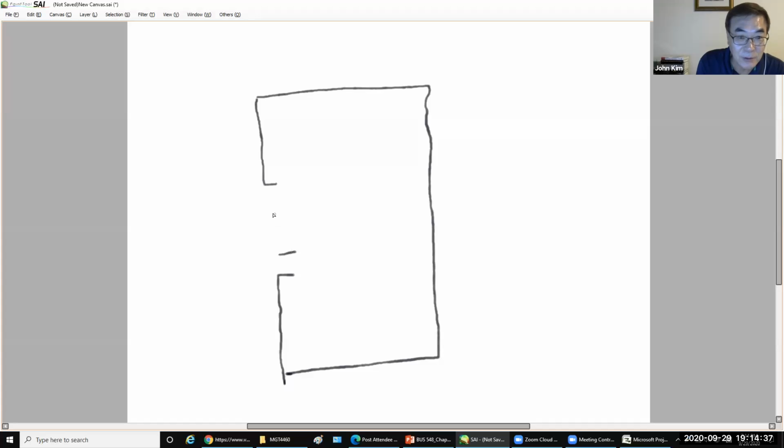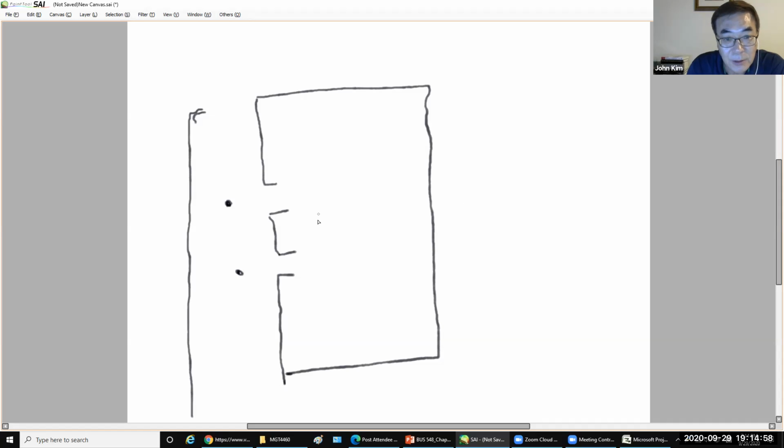Let's say two doors entrance, and then here like street. Then traffic light here and traffic light here. And then many buildings inside there.